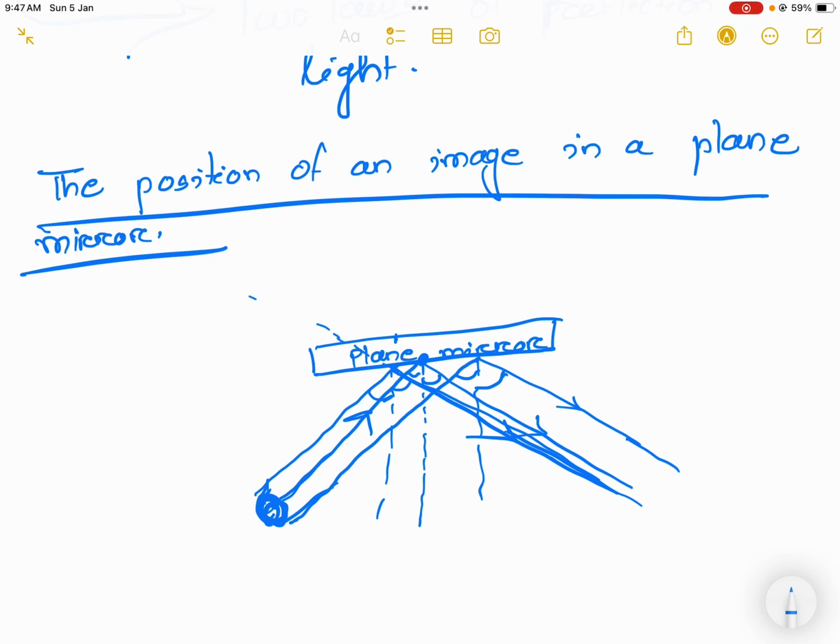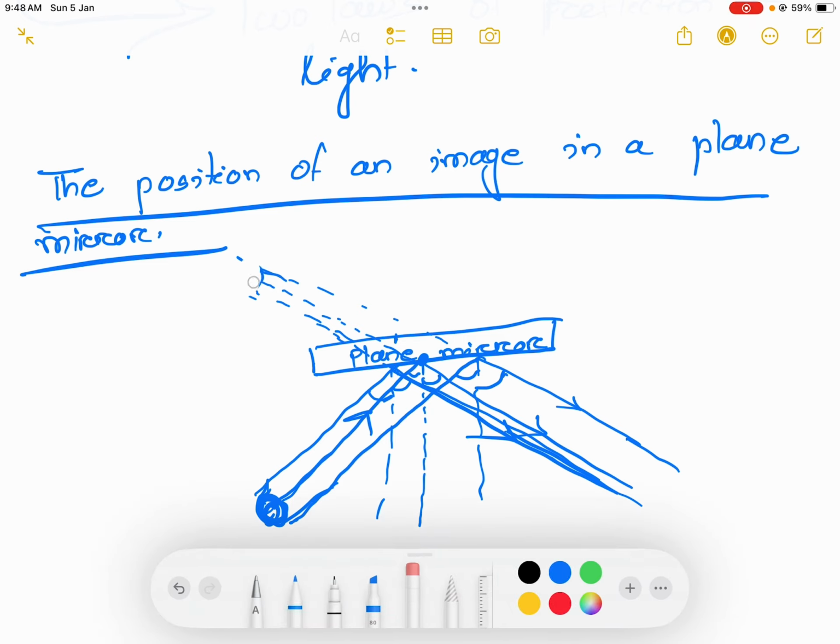So we will extrapolate this. At some point you will see that these rays are meeting at the same point. This is the image point.